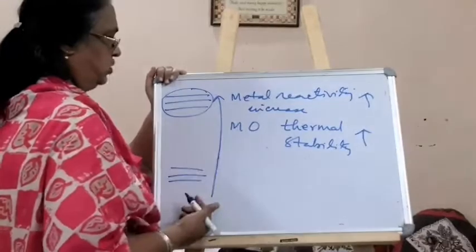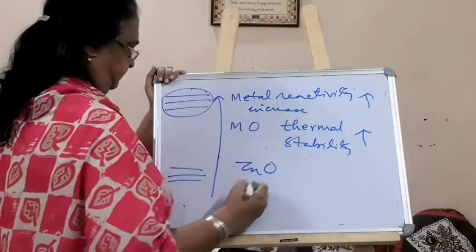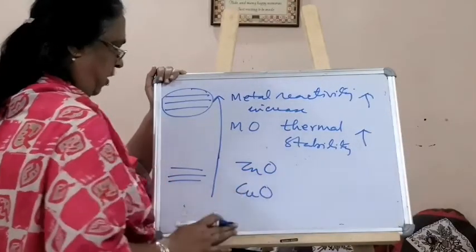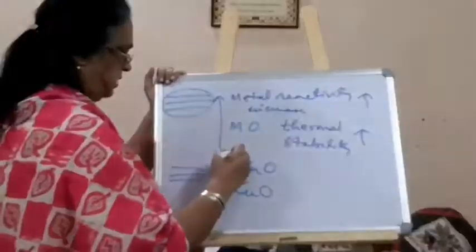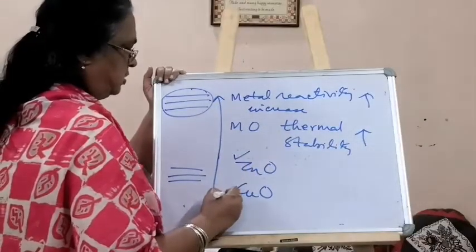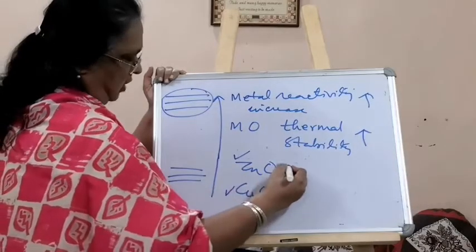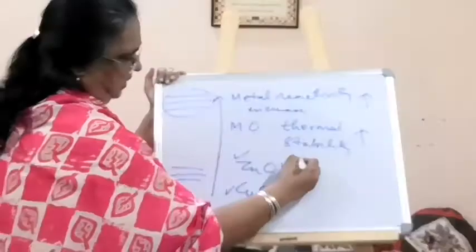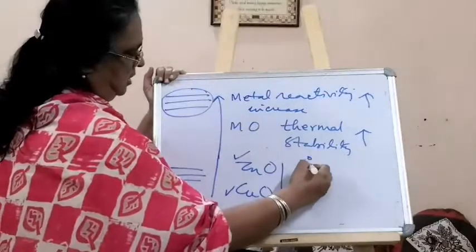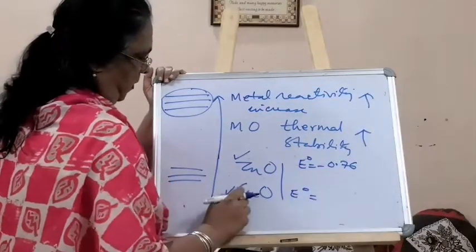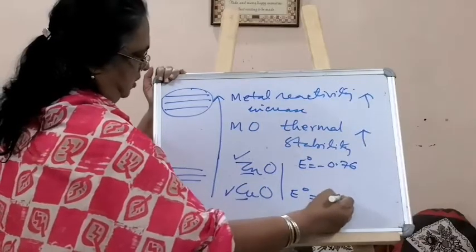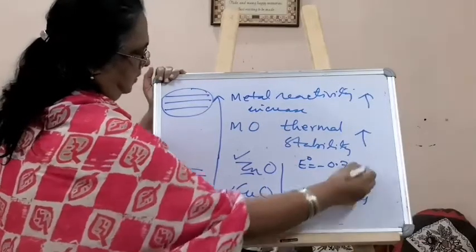Again in terms of reduction potential, if you have zinc oxide and copper oxide, then zinc oxide will be more stable and copper oxide will be less stable. How will you know that? You compare the reduction potentials. E0 of zinc is minus 0.76, E0 of copper is plus 0.34 volt.